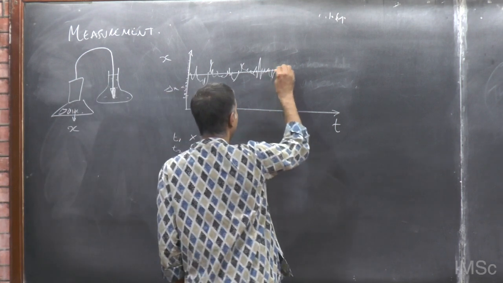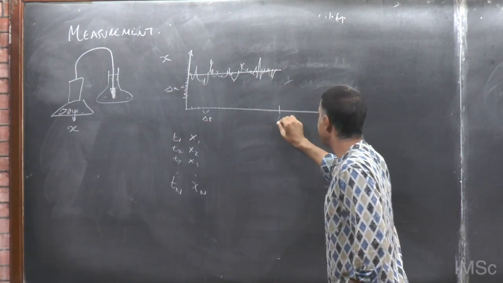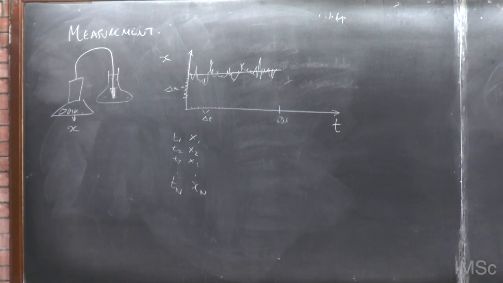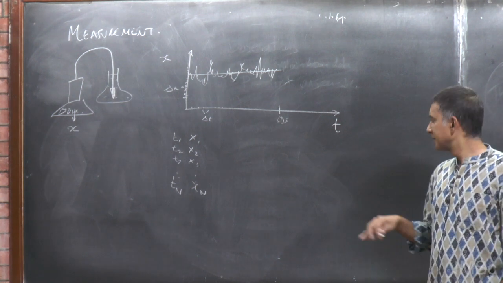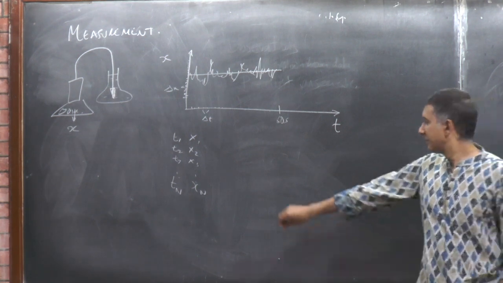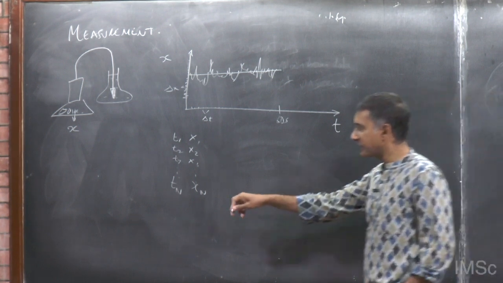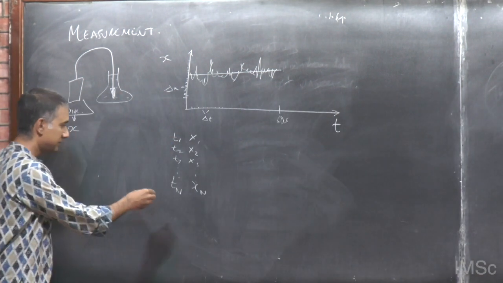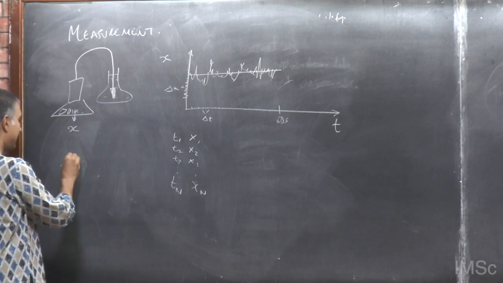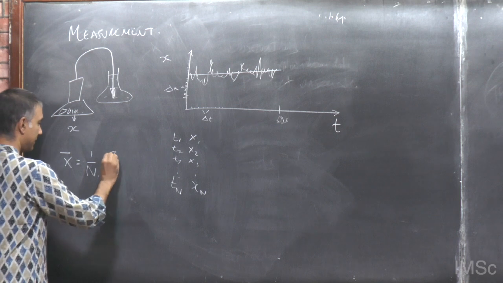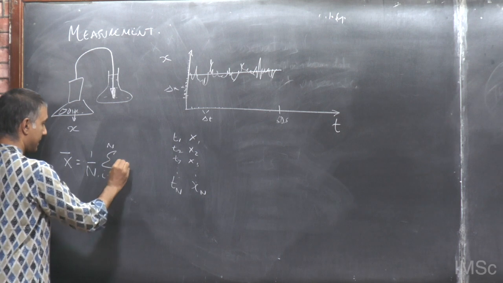Let's say this is 60 seconds. You've got 1 minute of observations from this, you've downloaded all that to your computer. I take an average, and what is the formula for the mean? The sample mean is 1 over n sum xi.